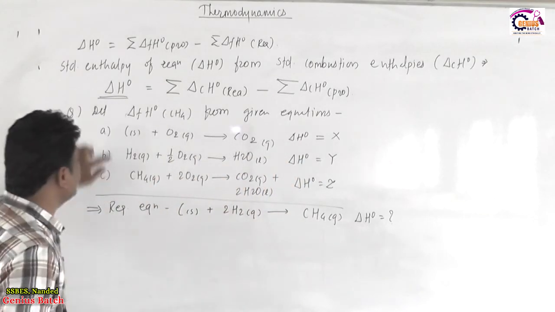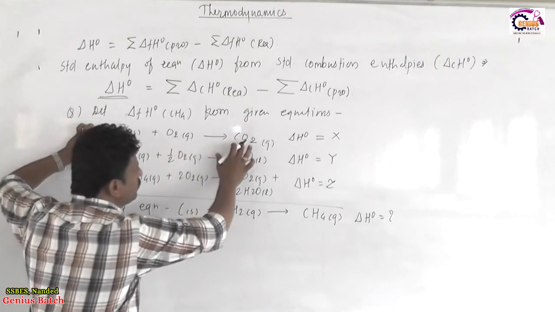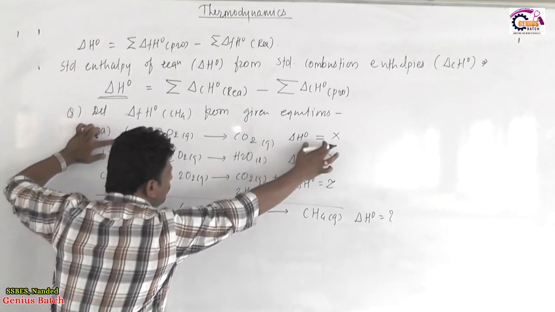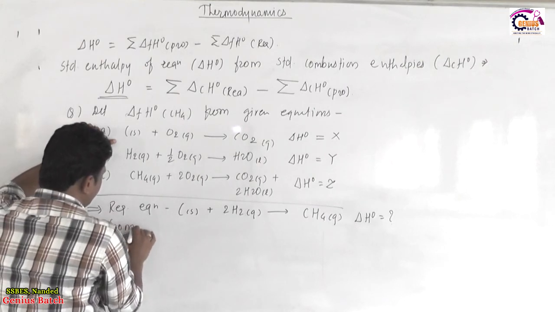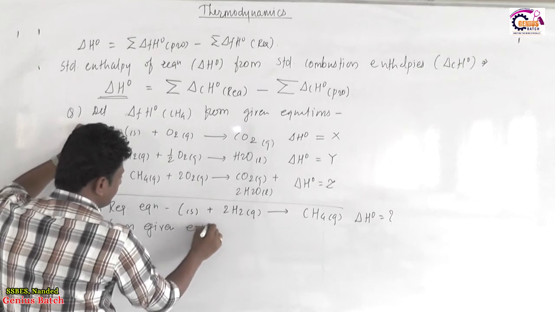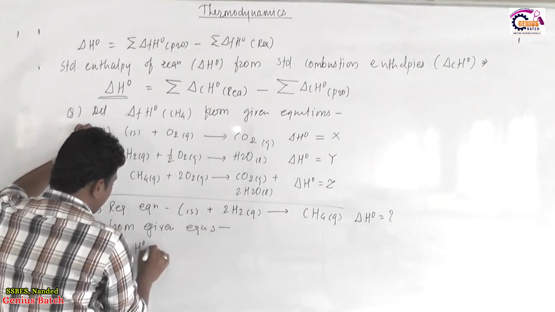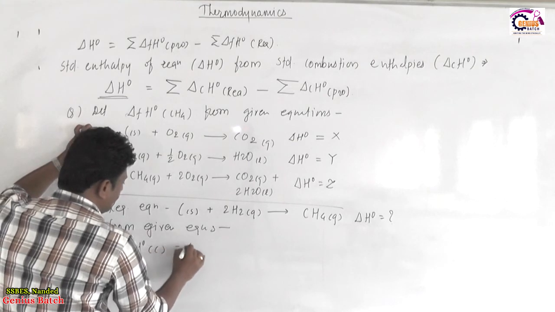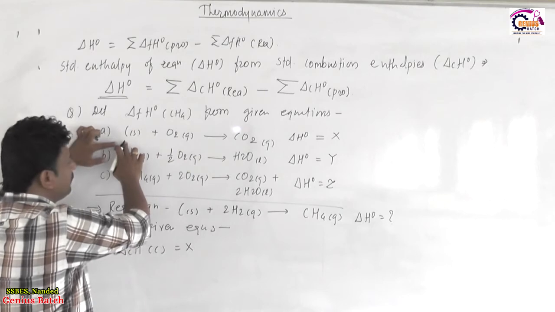So from the first equation we can say, if carbon solid plus O2 converted to CO2 has an enthalpy change of X, then we can write from the given equations, combustion enthalpy of carbon solid is equal to X, because the first equation is combustion of carbon.